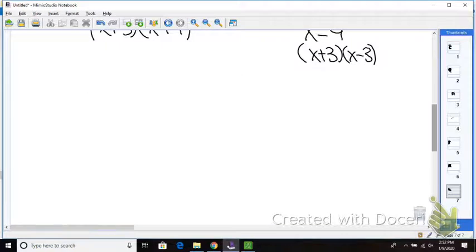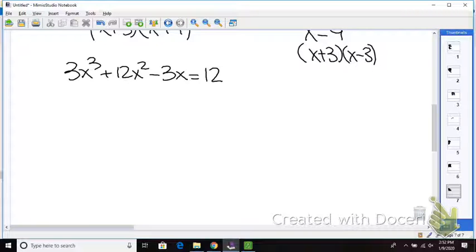So for this next example, let's say I have 3x cubed, I forgot, plus 12x squared minus 3x equals 12. So what does your gut tell you you need to do first? Okay, move the 12 over.